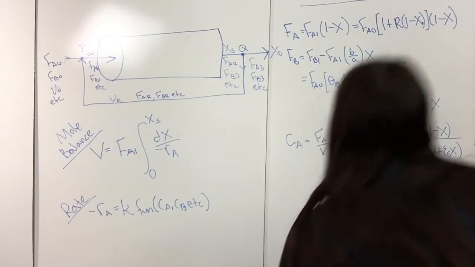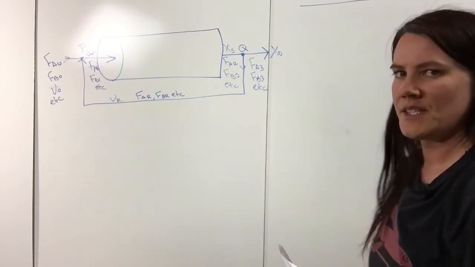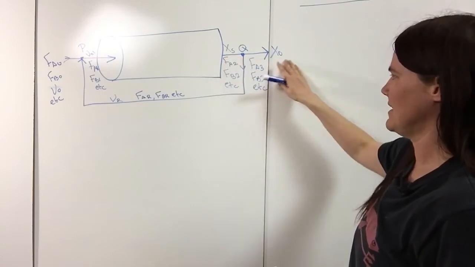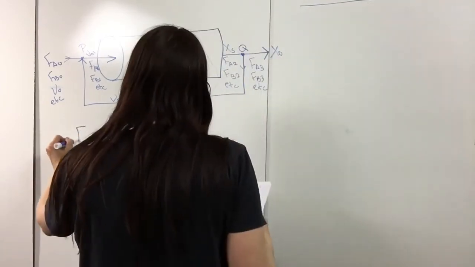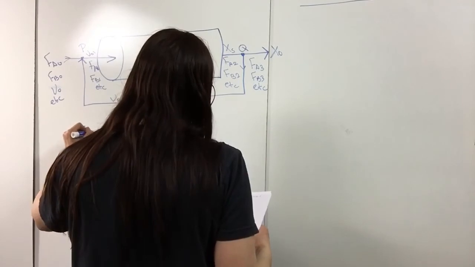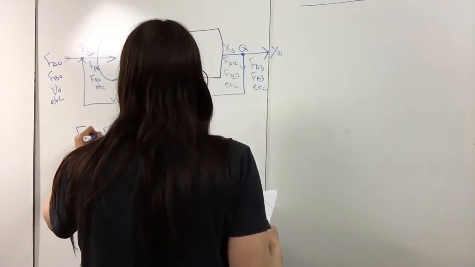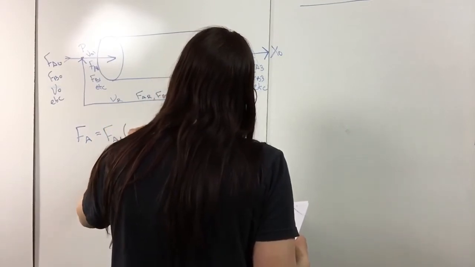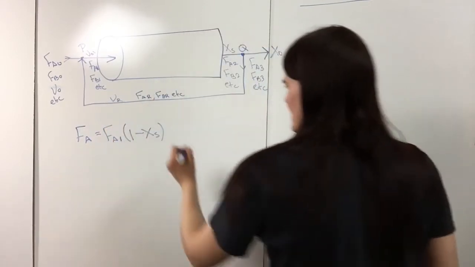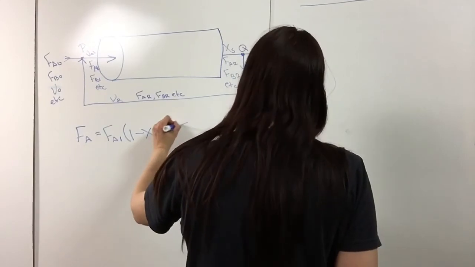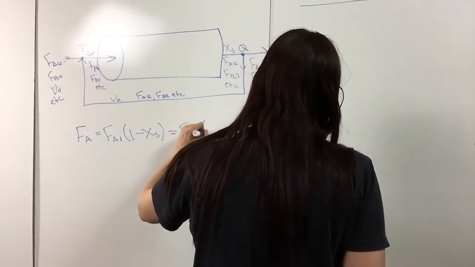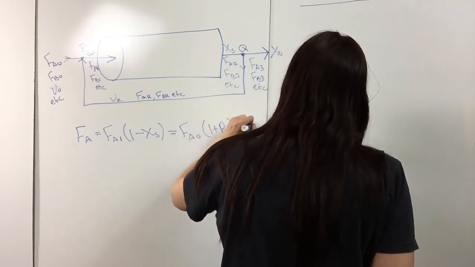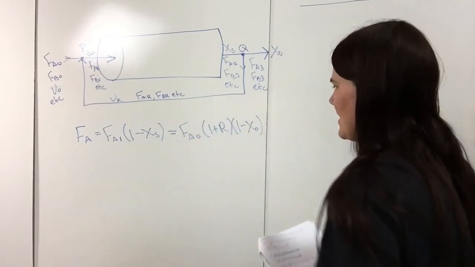So I'm going to erase some stuff real quick. The first thing I want to look at is the relationship between XS and X naught. Look at FA, then FA is equal to FA1 1 minus XS, and this is equal to FA naught 1 plus R 1 minus X naught.